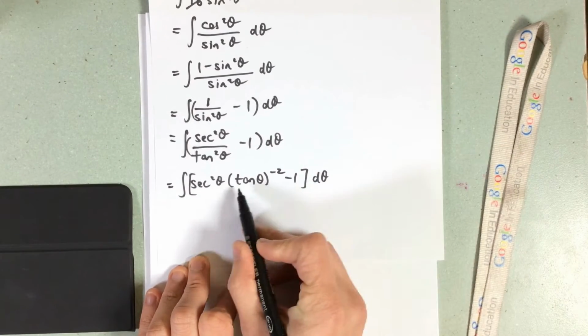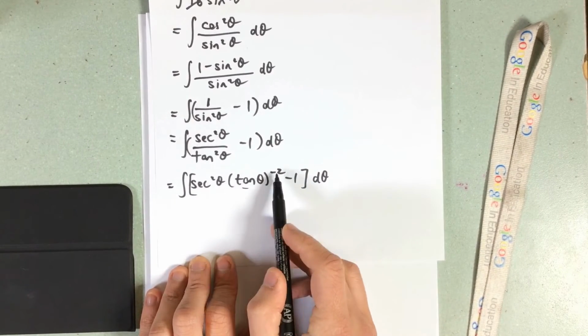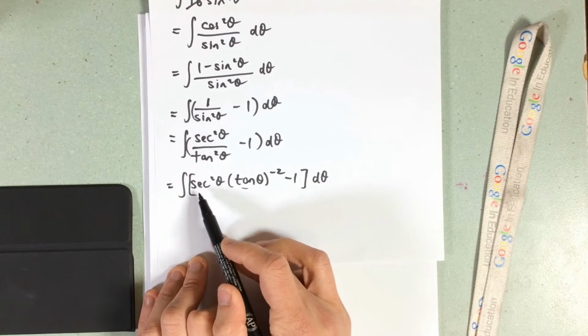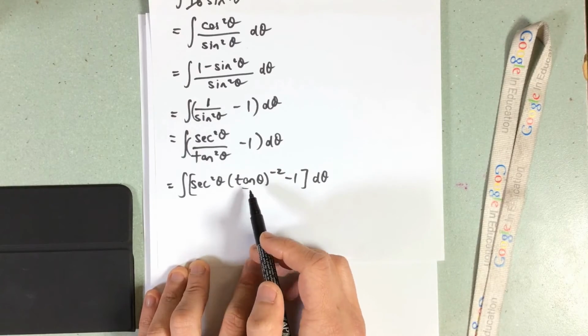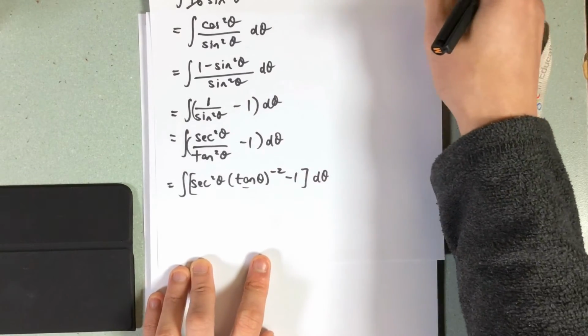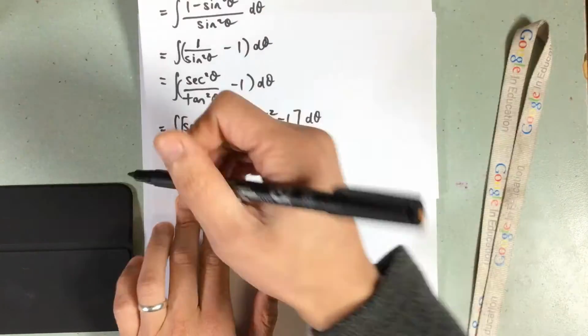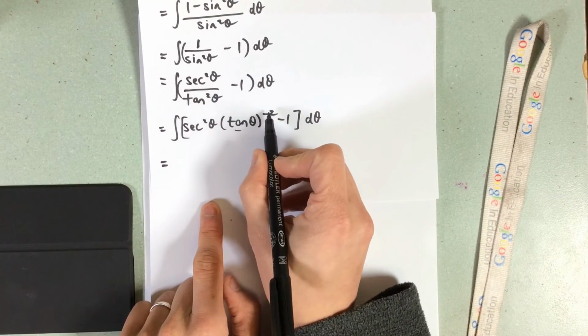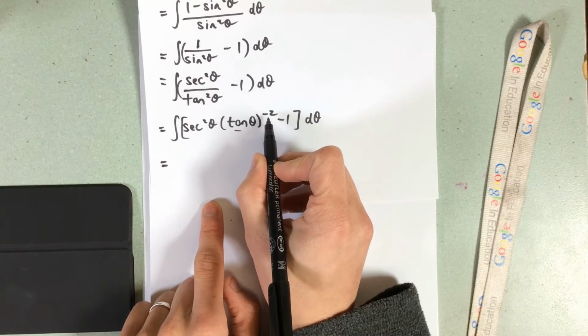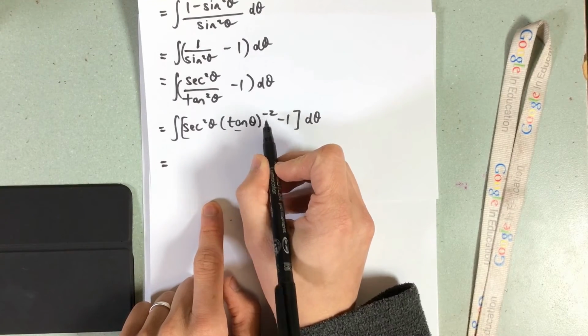Right? So what you've got here is a function raised to a power, and you've got the derivative of that function on the outside. So you can see that you would get this result if you differentiated something and used chain rule, but we're going to do it in reverse. Okay? So what do we get here? This is going to be equal to, you take that function, you raise its power by 1, but you're also going to divide by that new power.